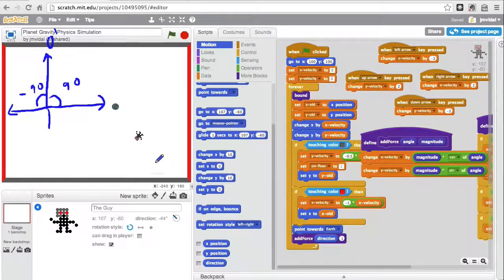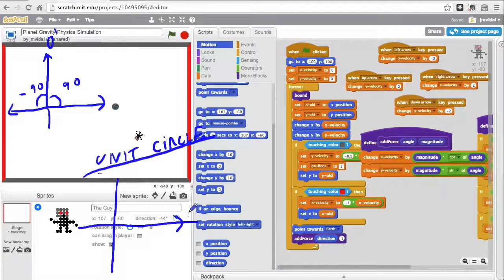Whereas in math, in the unit circle, which you saw before, 0 is this guy here. So this angle here is 0, this angle here is positive 90, and this angle here is negative 90. So that's the problem.